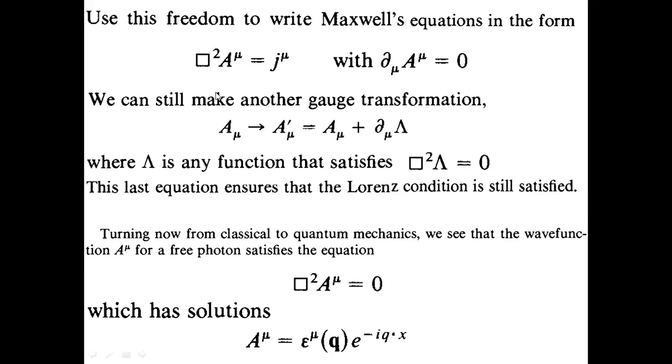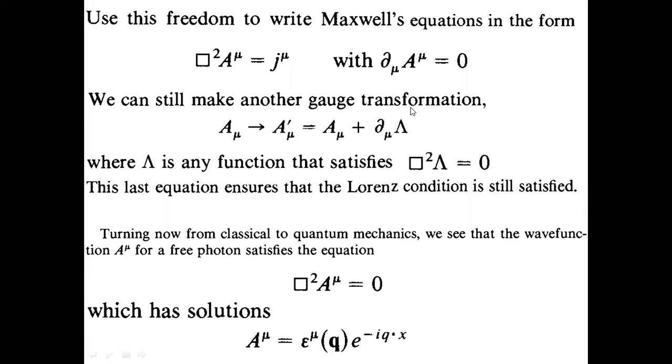Okay, now this equation is the most fundamental equation that is used in quantum electrodynamics of photons, or to quantize photons. Okay, so J mu is the current, A mu is the 4 potential, del mu A mu equal to 0 is the Lorentz gauge condition.